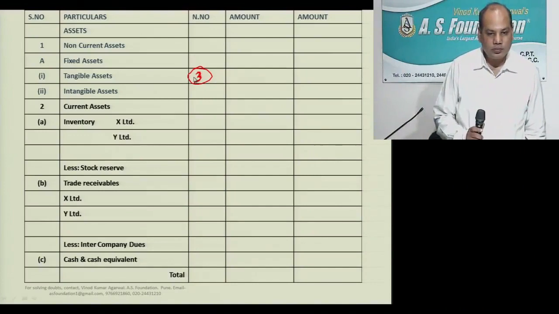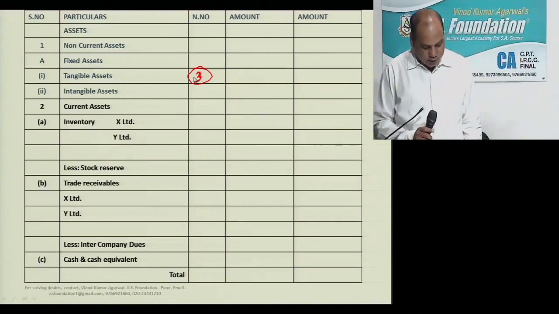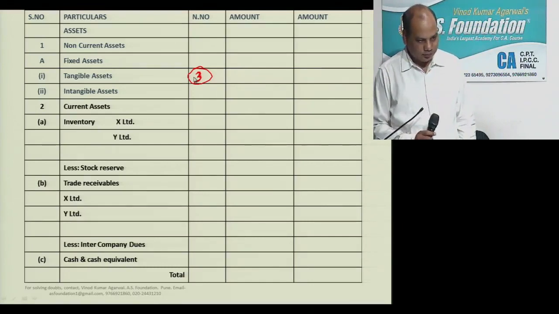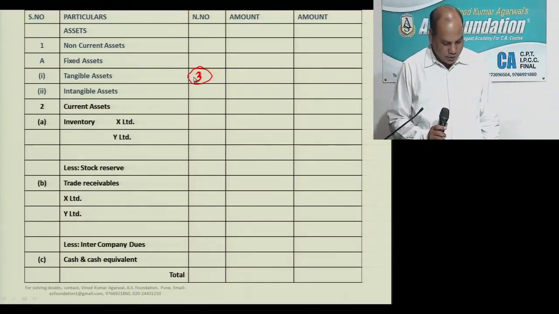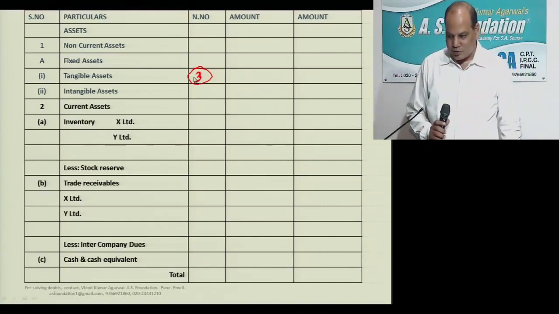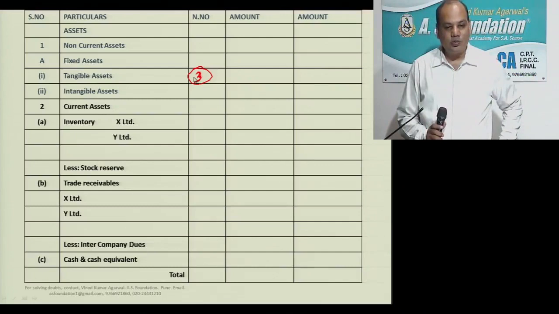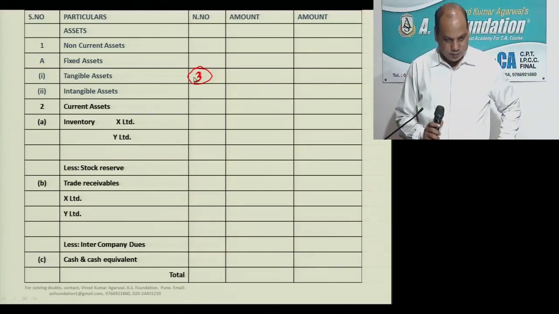Continue. Next line, machinery, first column. Anybody? First column 25,000. Next line, Y Limited, 24,000. Total 49,000. Next line, furniture. X Limited, first column, 5,000. Y Limited, first column, 3,100. Total, outer column, 8,100.